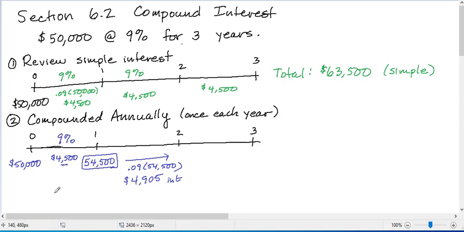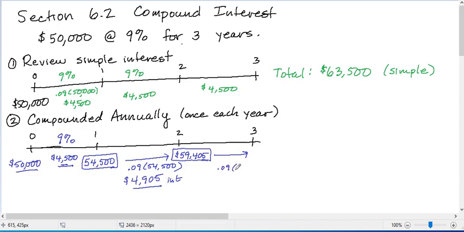So I add this onto the balance from the end of year 1, and now I have $59,405. And then during the third year, the original $50,000 gets to earn interest, $4,500 from the first year gets to earn interest, and $4,905 from the second year all gets to earn interest.